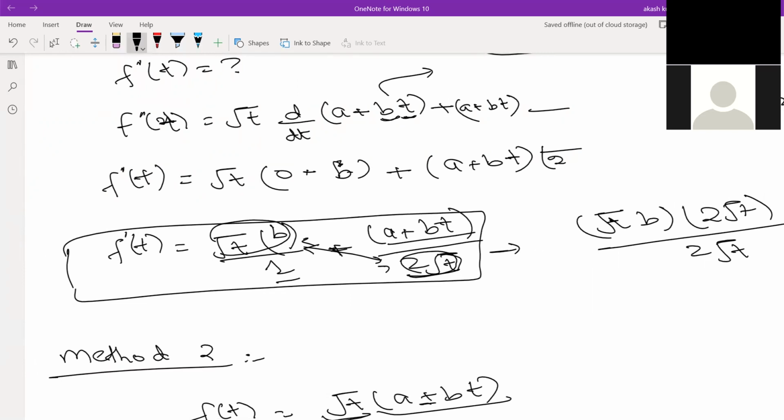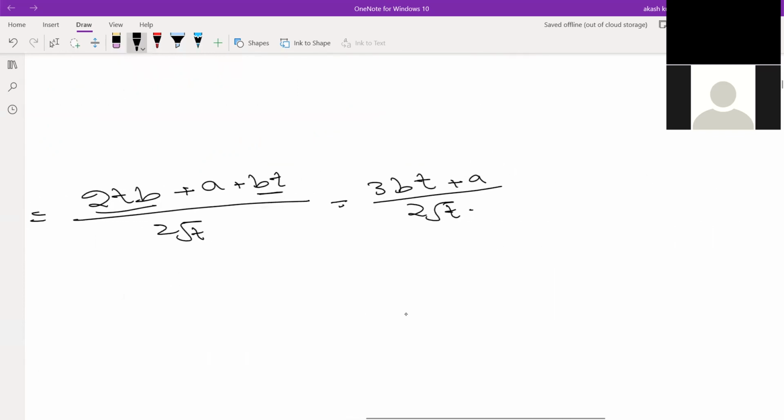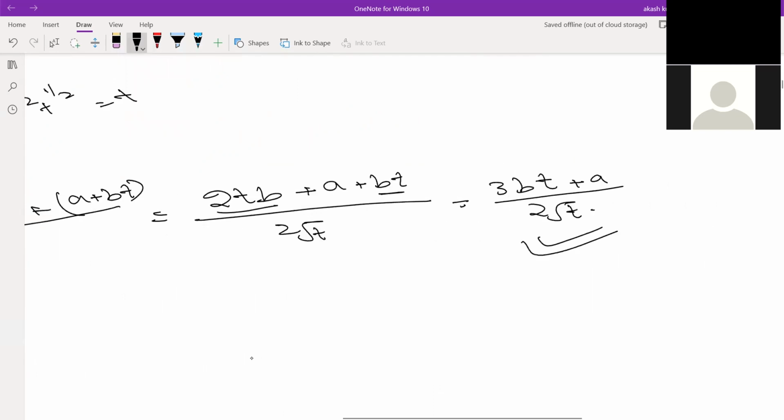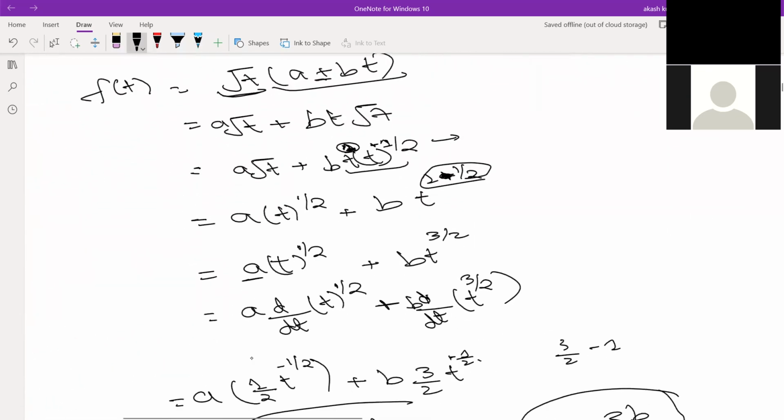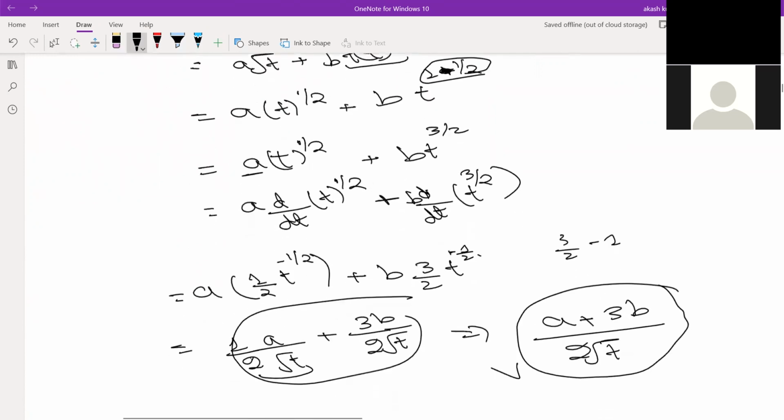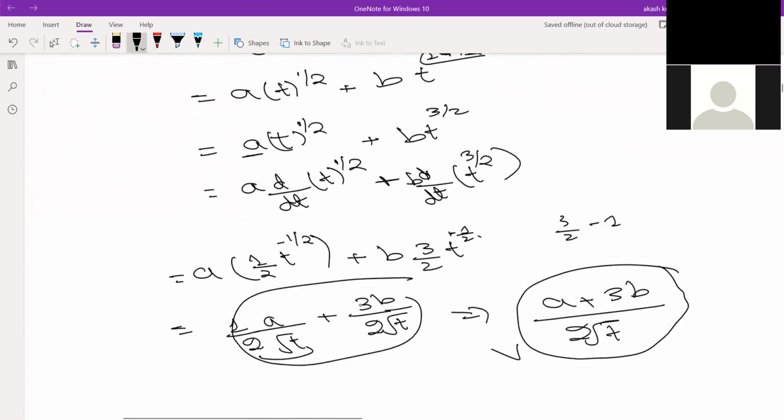The book answer is this one. And I think we have made a mistake in method number 2 somewhere. We missed out t. Let me just check it out.